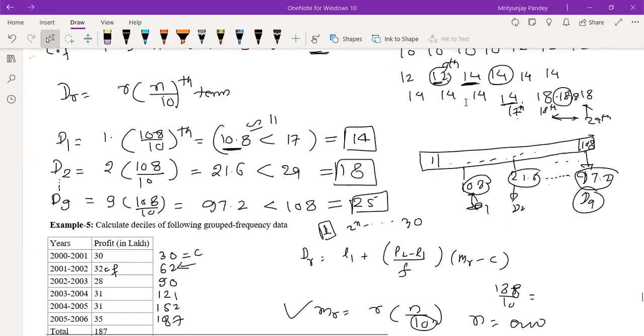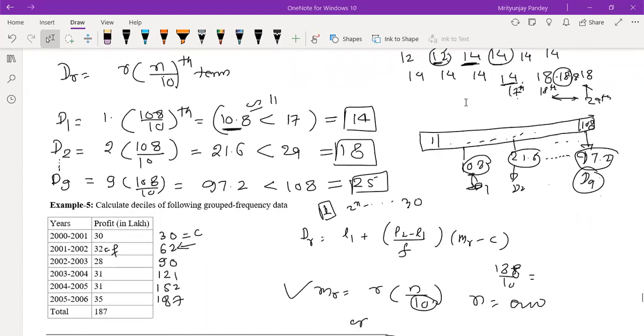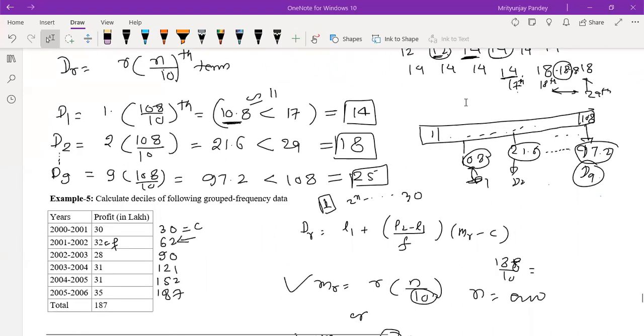Okay. So now this is the next question related to decile. That is a group data. So first of all, here write the formula of Dr, that is L1 plus bracket L2 minus L1 by F into Mr minus C, where Mr is R into N by 10 or R into N plus 1 by 10.